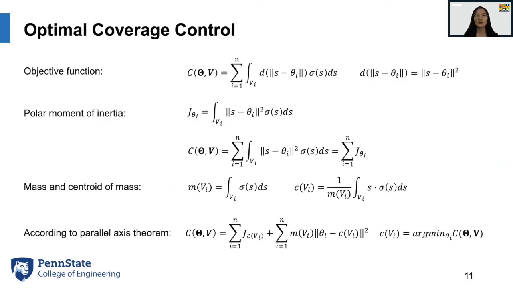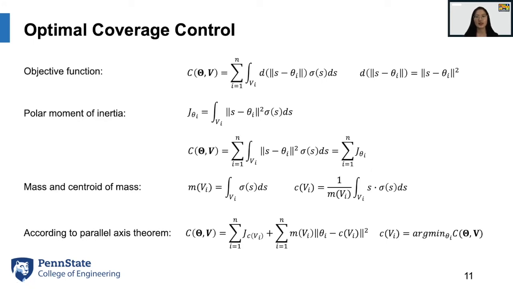The polar moment of inertia about the agent location is computed as J theta i. If we set the distance function as squared L2 norm, the objective function can be reformulated as summation of G theta i.